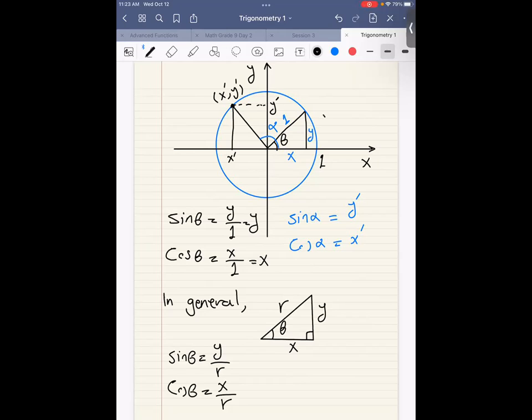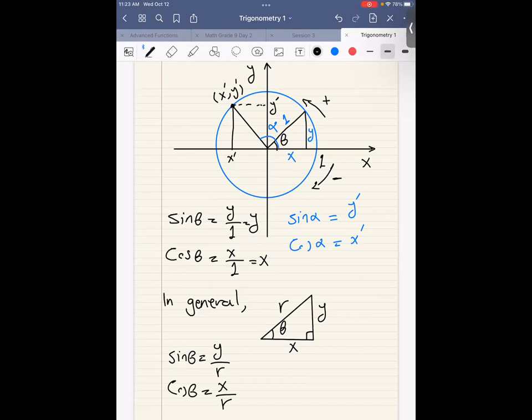So we go this way and we measure the angle in this way. That is counterclockwise. If you go clockwise, then it becomes negative. That's a convention, okay?